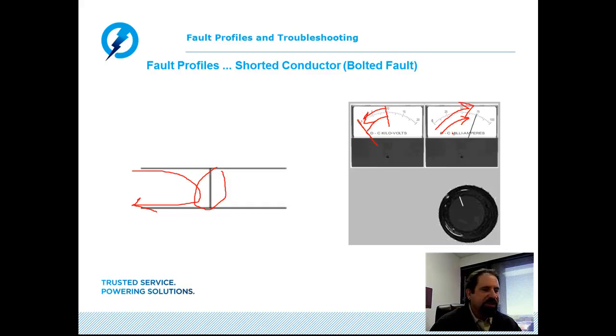Problem is, acoustically, in order to produce sound, you need an air gap. Okay, as a demonstrator, as long as you have an air gap, you can produce sound. The problem with a bolted fault or a short circuit is there is no gap, there is no discharging or arcing taking place here. So even with a very large, powerful, high energy surge generator thumper, if there's no air gap, we can hit it with all the energy in the world and we're not going to produce sound.